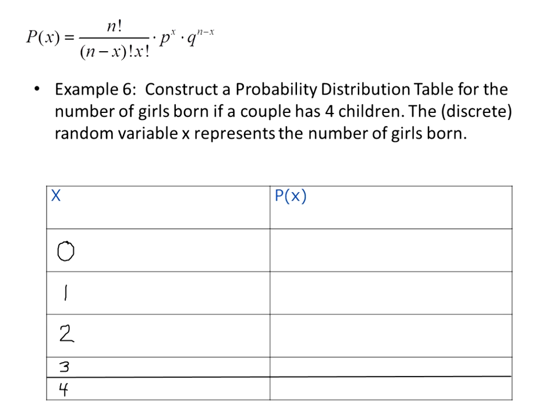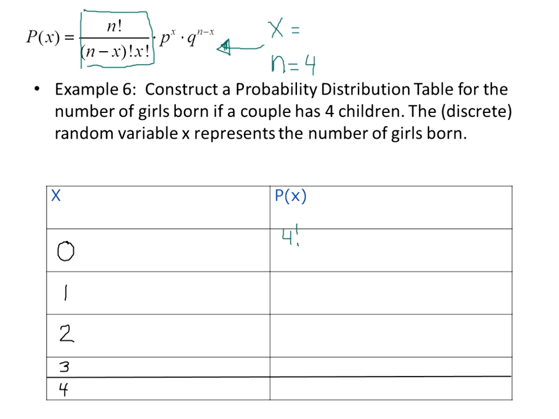Okay. So this is what I'm focusing on. In this problem, n equals 4 because we have 4 children, and x equals whatever it is on that column. So it changes from 0 to 1 to 2 to 3 to 4. So I'm just putting this in the formula. I have n factorial, which is 4 factorial.